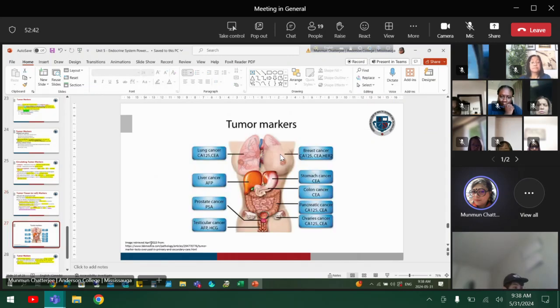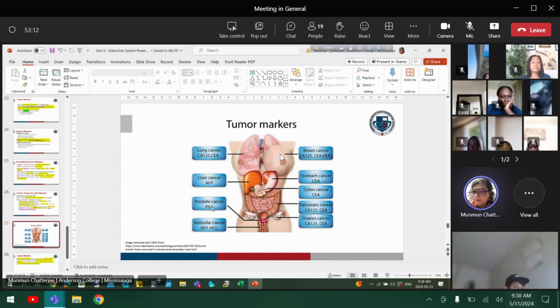So here are the different tumor markers, showing which marker is specific for what. For lung cancer, they do CA125, CEA. For breast cancer, they can do CA125, CEA, HER2. Liver cancer, mainly AFP, alpha fetoprotein. Stomach cancer, that is the colorectal one, CEA. Colon also. So anything related to the digestive system, they do CEA.